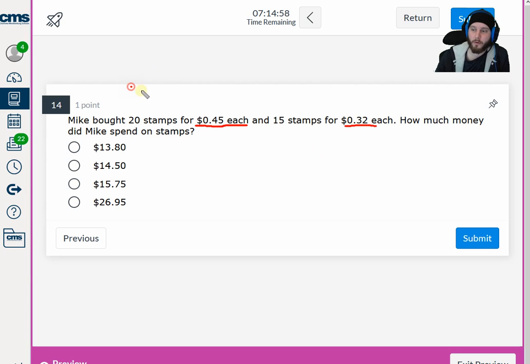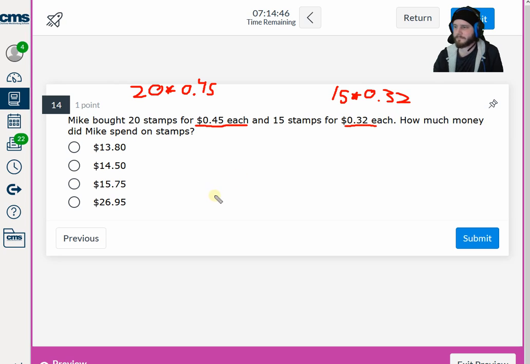So we're doing 20 times 0.45. And we are doing 15 times 0.32. And then we're going to have to add those amounts together. So we do 20 times 45.